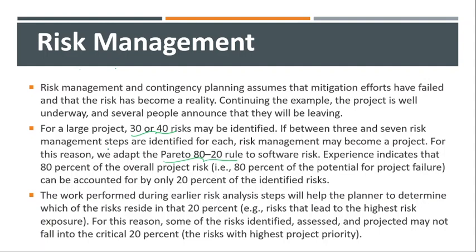Supposing we have identified 20 as an input, out of those 20, at least 80% of the problems are coming from them. That means we already tried to mitigate all these risk factors that were identified, isn't it?